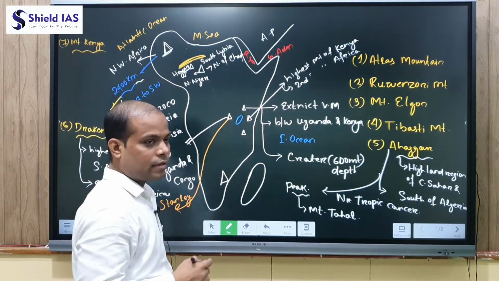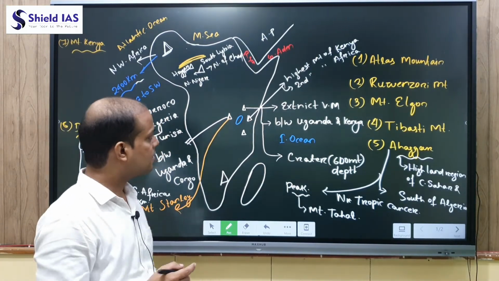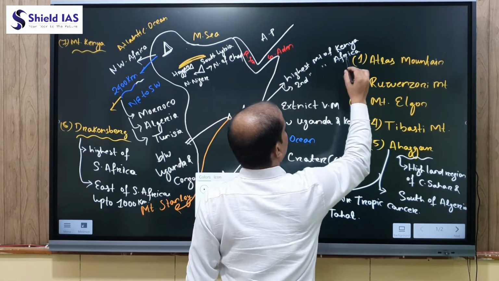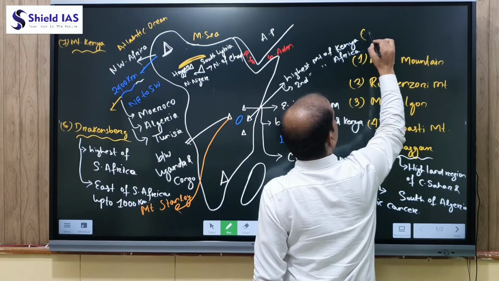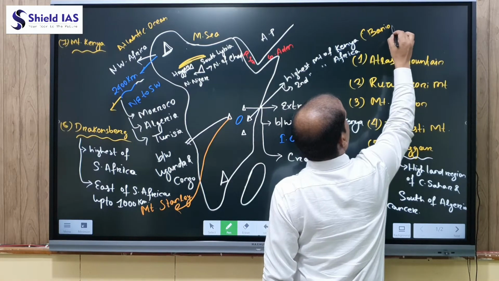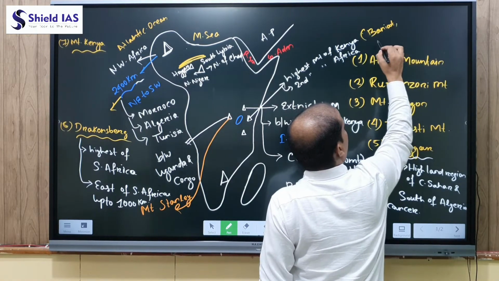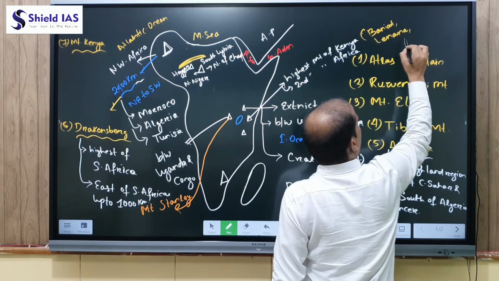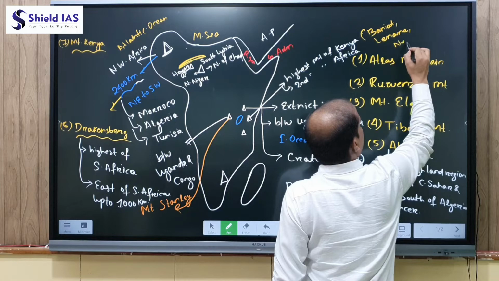And there are three important peaks in this Mount Kenya. These are Banyard, Lenana and Nilial.